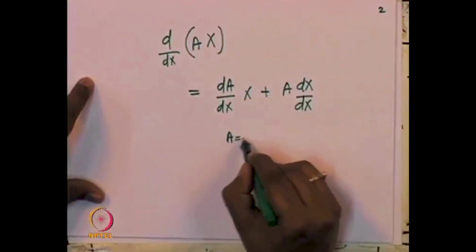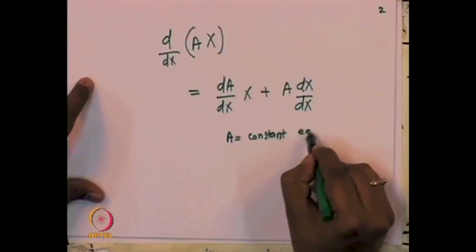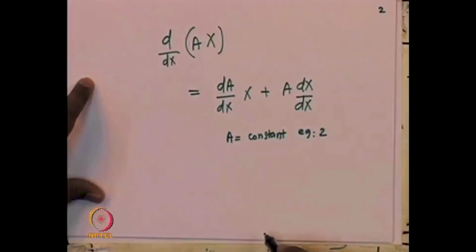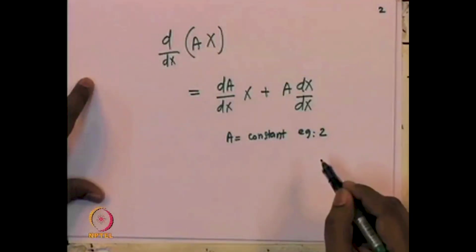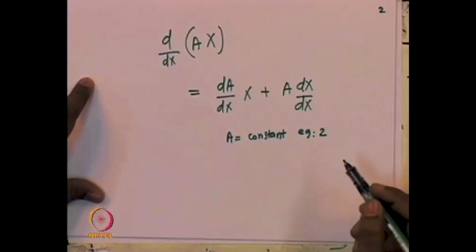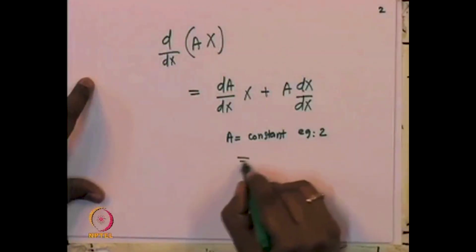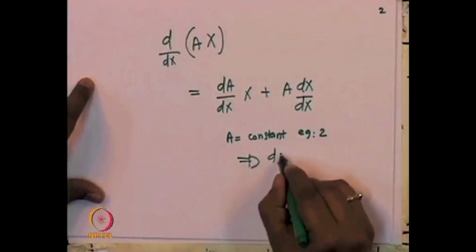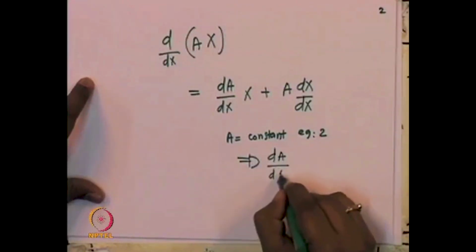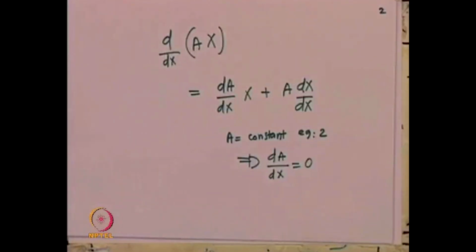In our case a is a constant. Let us say a is just 2, then 2 does not change with x, 2 is just a constant. So, for dA by dx, if a is a constant, the change in a is basically 0, a cannot change because it is just a constant.